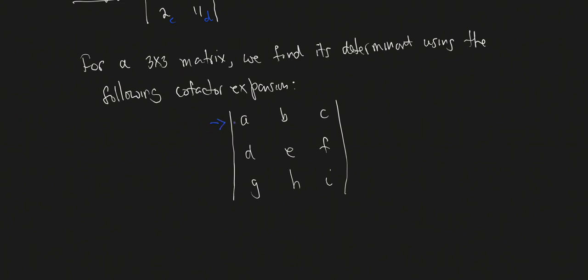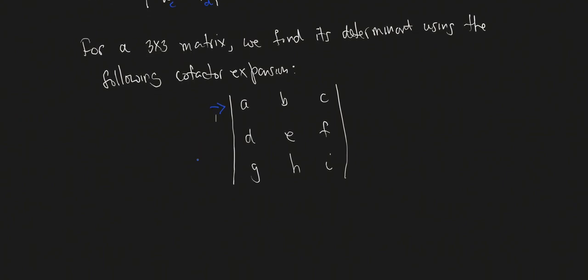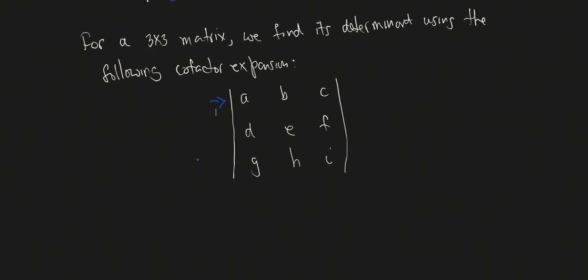I'm going to use the entries in the first row, and for each of these entries, I'm going to do a special process and then simplify the results. You'll see what I mean once we get through it.